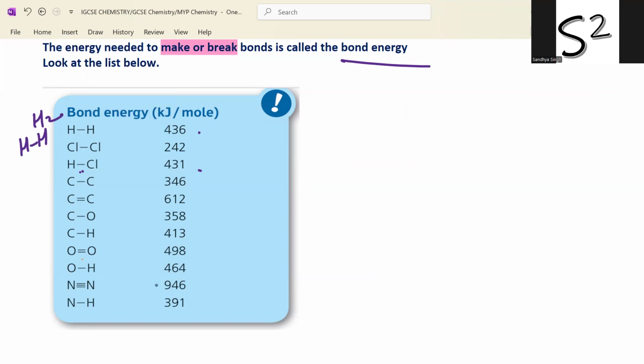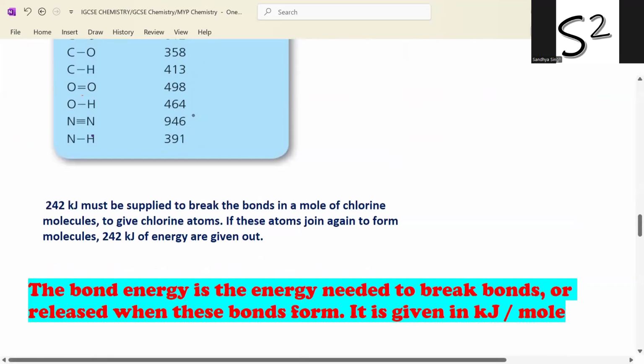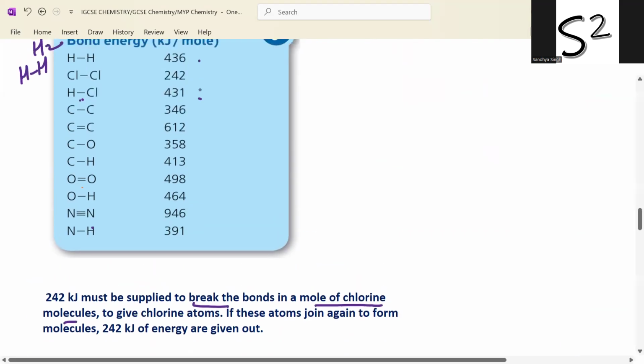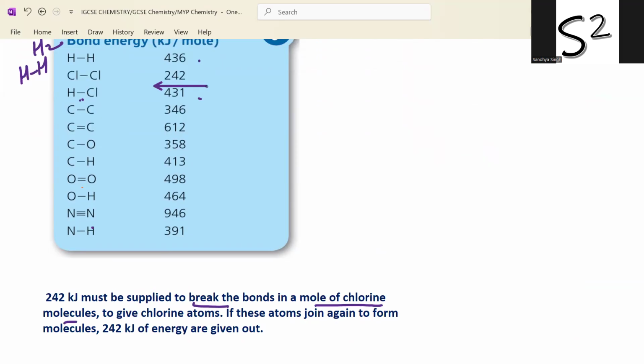Similarly for other molecules also. These are some of the bond energies. Similarly, if new bonds are formed between hydrogen atoms, 436 kilojoule per mole of energy will be released. Similarly for chlorine and chlorine, 242 kilojoule per mole of energy will be released. It means 242 kilojoule must be supplied to break the bonds in a mole of chlorine molecules, to give chlorine atoms.